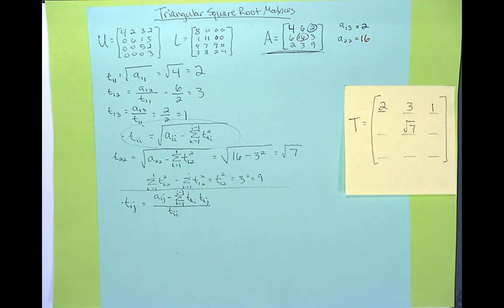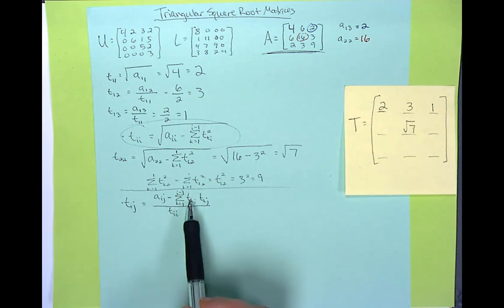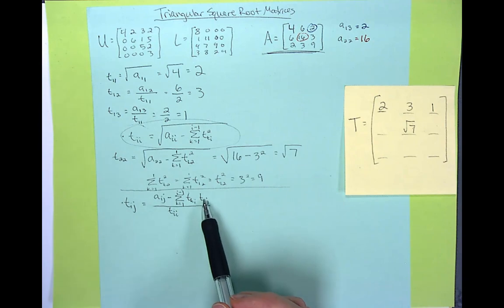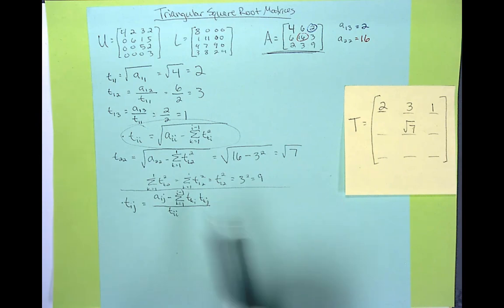The quantity subtracted is just the sum of the products of the T matrix elements above the desired new element multiplied by the corresponding T matrix elements above the diagonal element. All right, what did I just say?